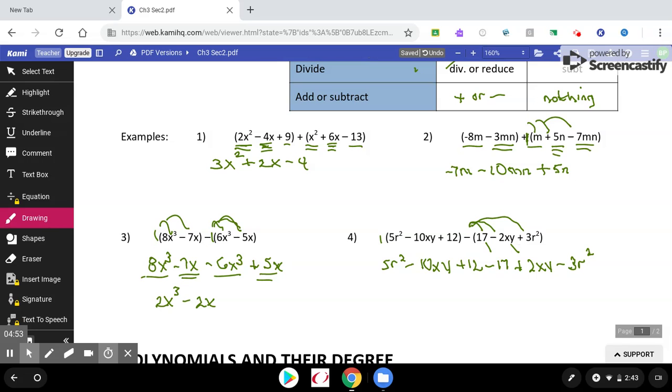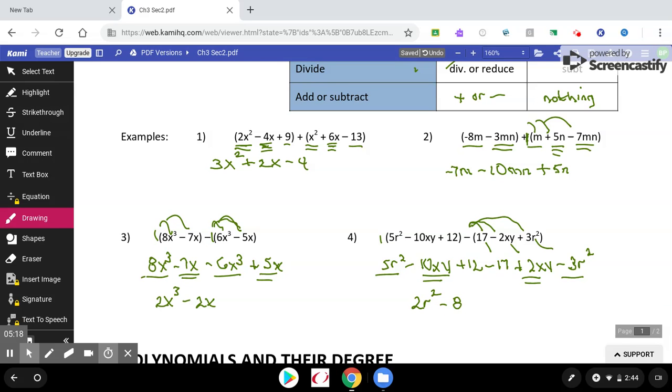That was a minus 2xy, now he's positive. That was a plus 3r squared, now he's negative. And all we have to do is go and find like terms. 5r squared, and clear on the end here is a minus 3r squared. So 5 of those guys, minus 3 of those guys, 2 of those guys. I got a negative 10x and a positive 2x.